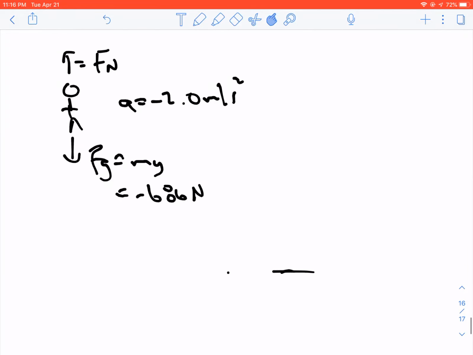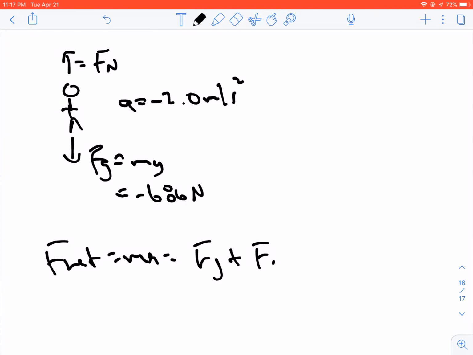Now, if I can just slide this up a little bit, my Fnet is equal to ma, which is equal to Fg plus Fn. Ma is the mass, 70 kilograms, times the acceleration of negative 2.0 meters per second squared. My Fg is negative 686 newtons plus Fn.